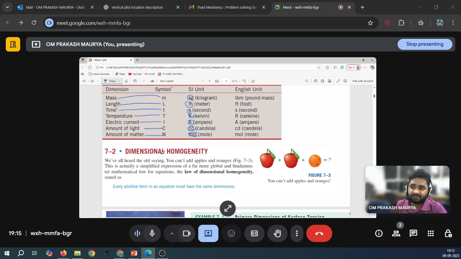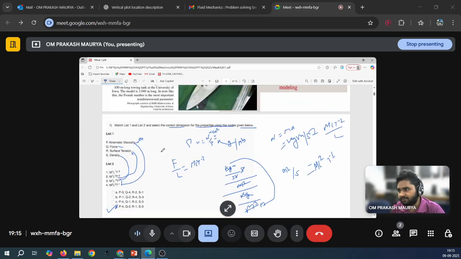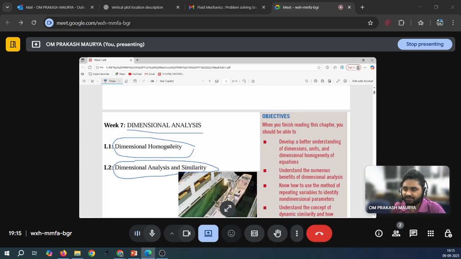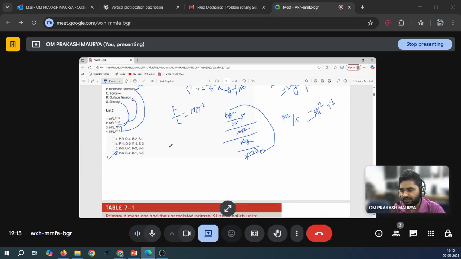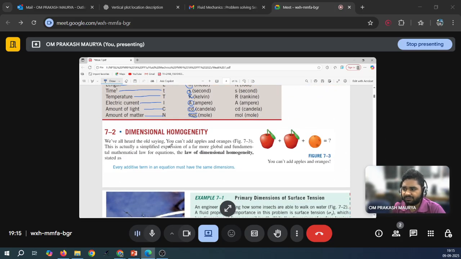Now what is dimensional homogeneity? What we were discussing previously, dimensional homogeneity, you can understand very clearly in one way. Homogeneity means one apple, two apple, and then something that is not apple. Is this combination homogeneous? No. Once you put apple again here, then it will be homogeneous.